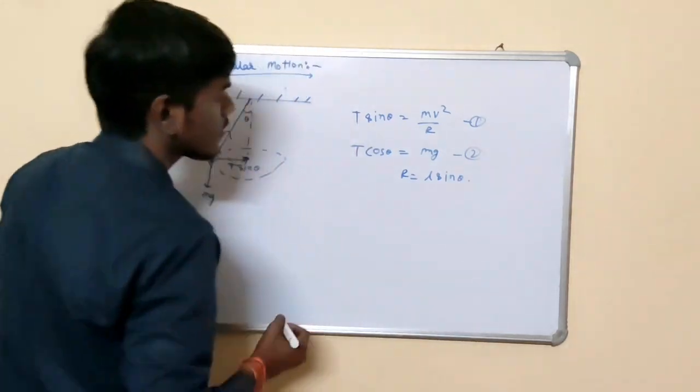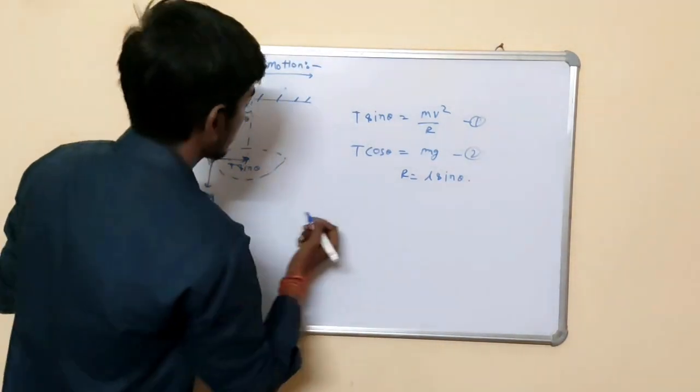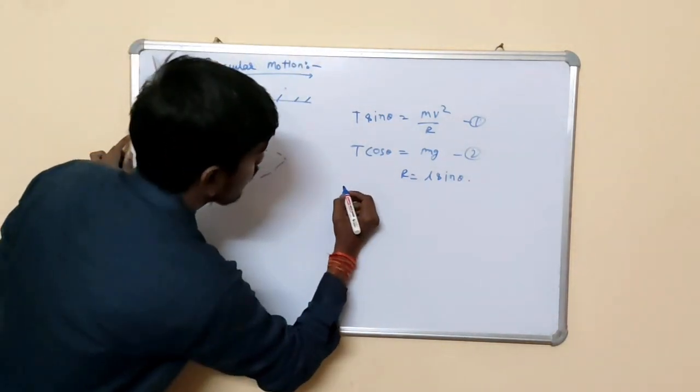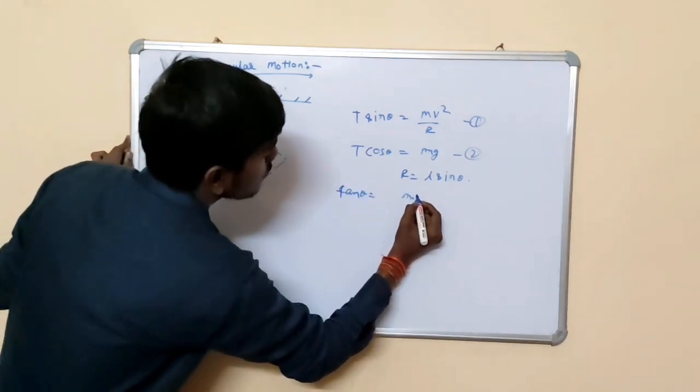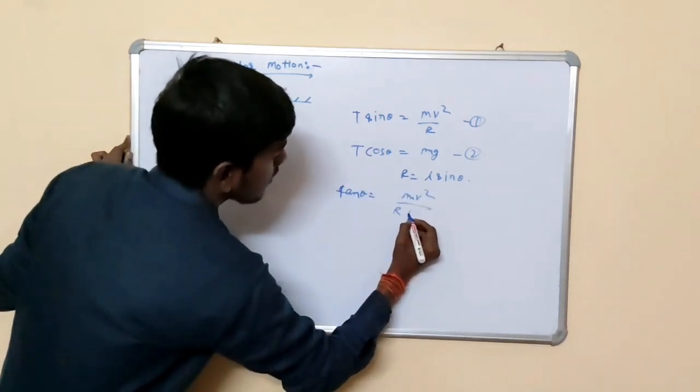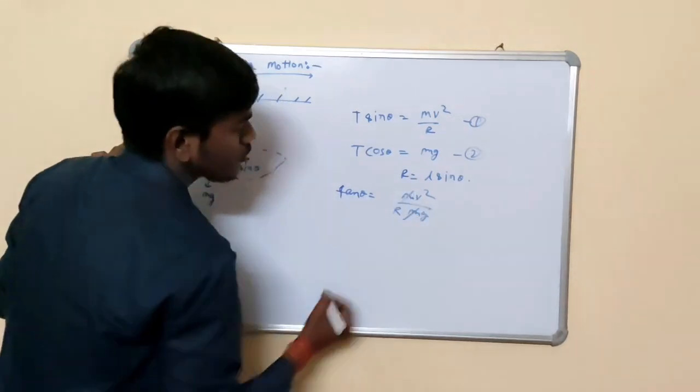Now let's find the angle theta. If we divide, then tan theta equals mv square divided by r, divided by mg. m and m cancel out.